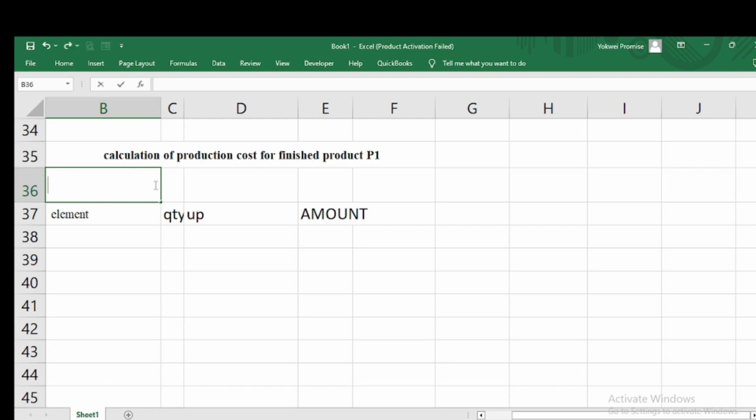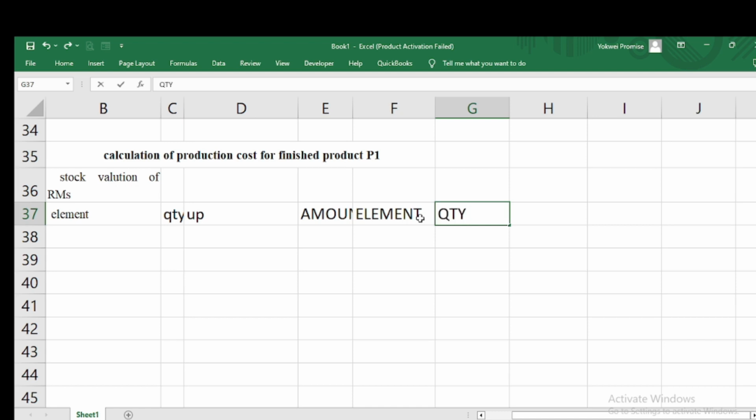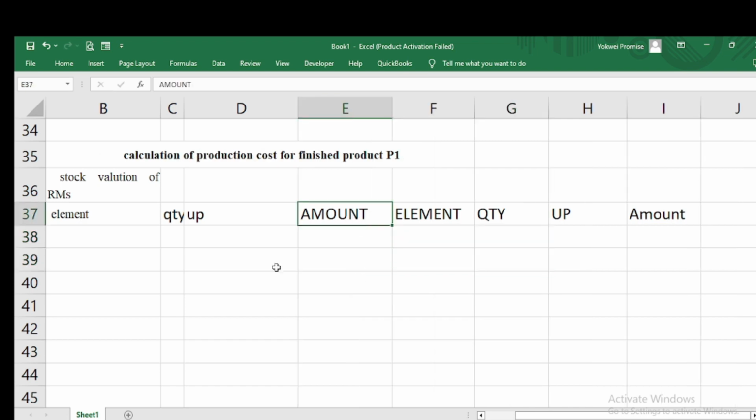Right, element, quantity, amount. Okay. All right.